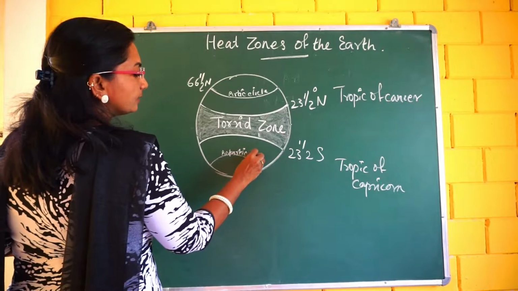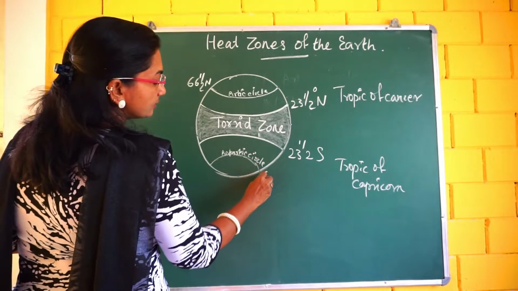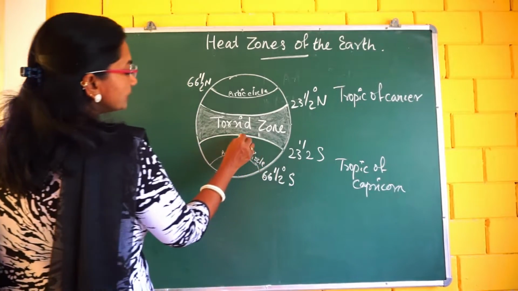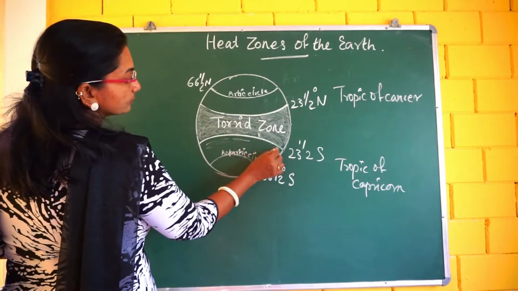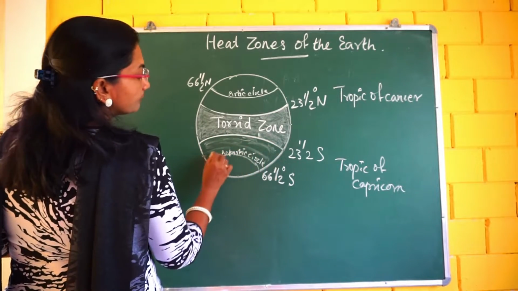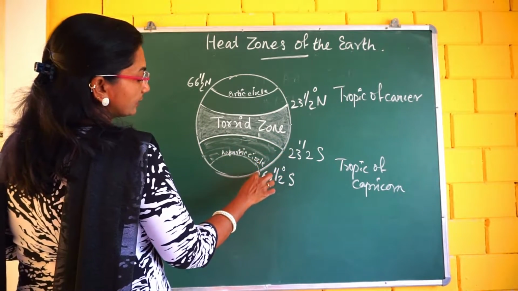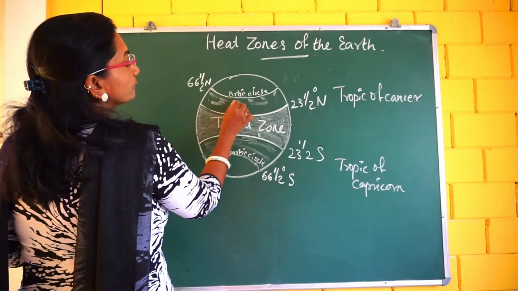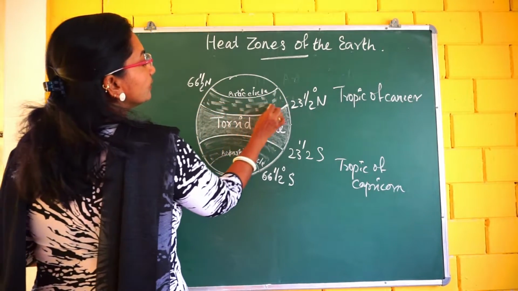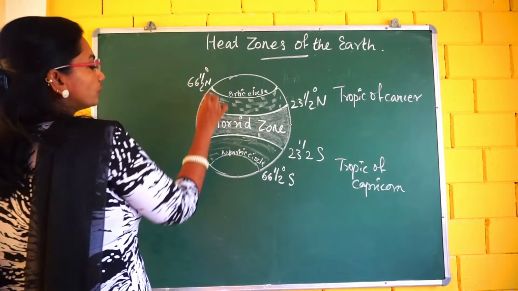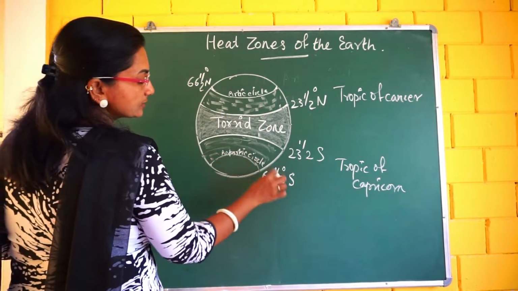What is its measurement? 66 and 1 by 2 degree south. So the area between the Tropic of Capricorn and Antarctic Circle and the area between the Tropic of Cancer and Arctic Circle, 66 and 1 by 2 degree north and south.